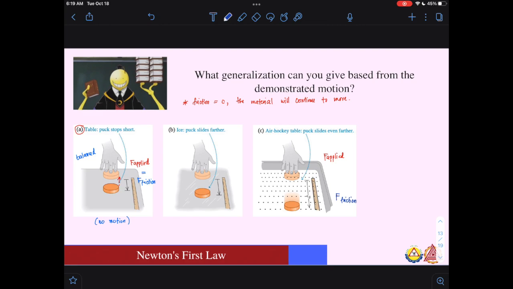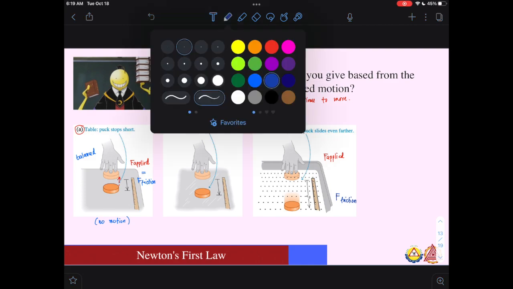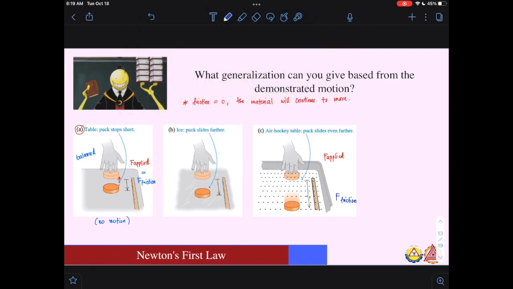How will you characterize the forces, F applied and F friction? Take note, as I said, once the friction disappears or is very minimal, it will move at a constant velocity v, and it will continue moving at that velocity, class.